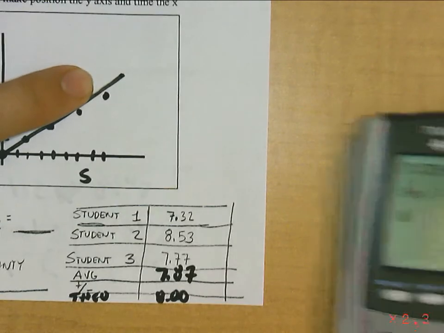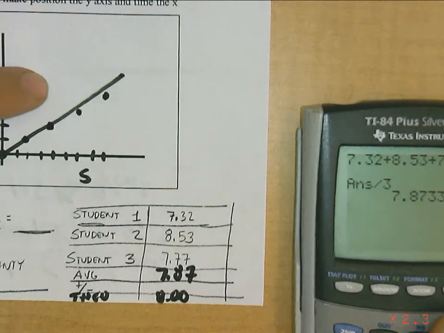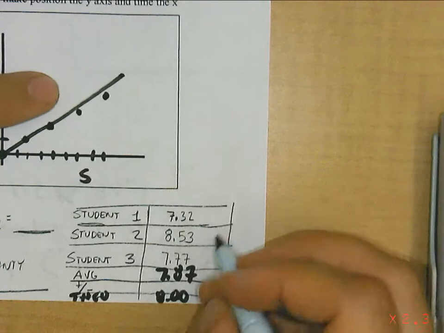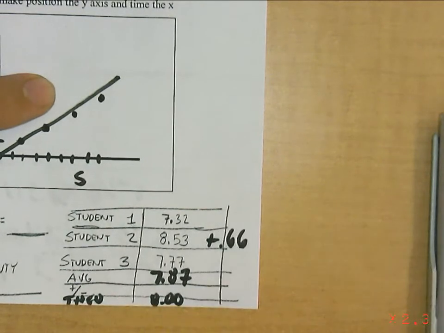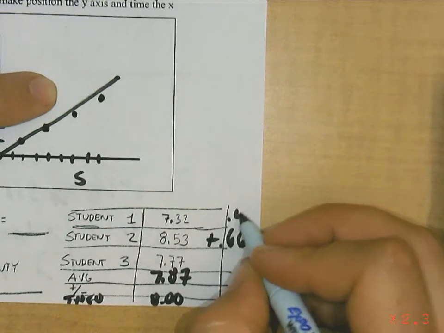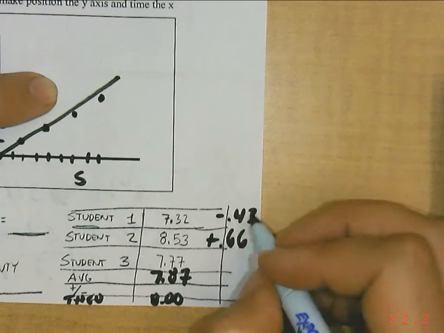Once we have our average, we can then do some calculations here. We still have to find our deviations. So we kind of look through here. It looks like our 8.53 is going to have the greatest deviation. 8.53 has a deviation of, we call it plus or minus number, 0.66. So that's positive 0.66. This one right here would be 0.42, and it would still be less than that.